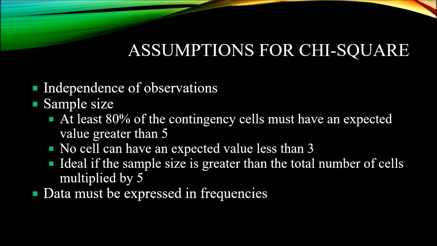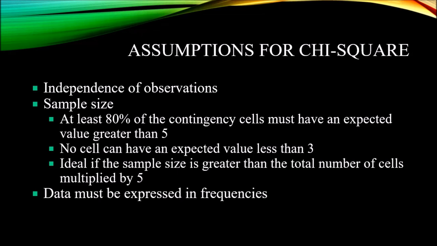Now let's take a look at the assumptions for a chi-square test. Just like parametric statistics, non-parametric statistics have assumptions. Our data need to meet certain assumptions so that we can have some confidence in the result. The first assumption for chi-square is the assumption of independence of observations.